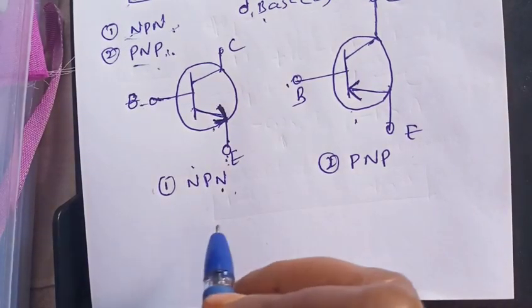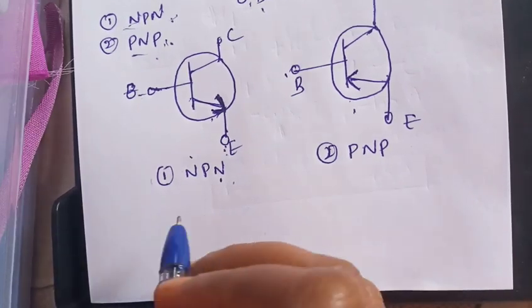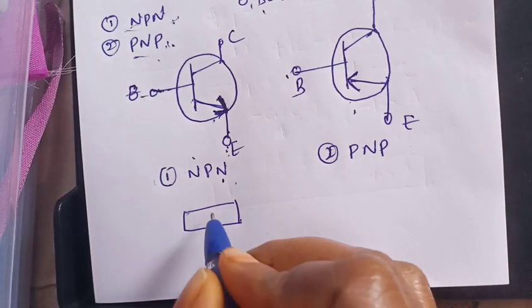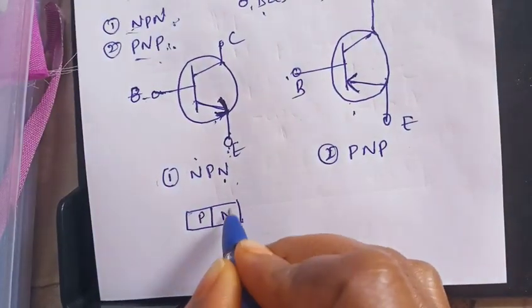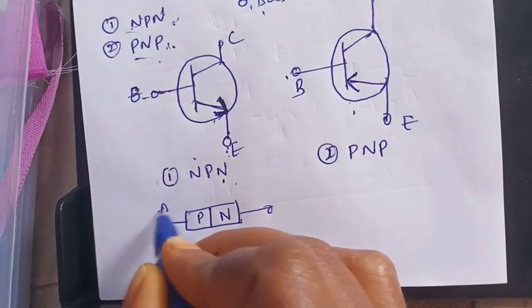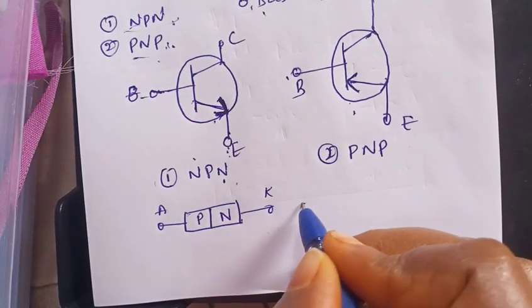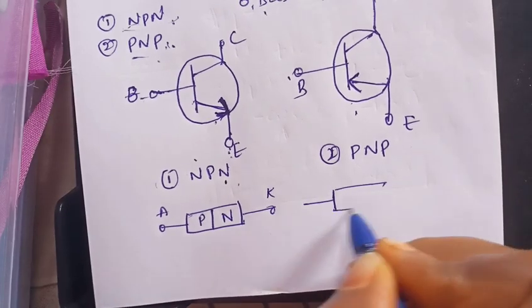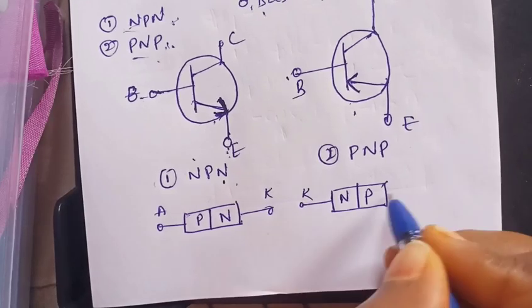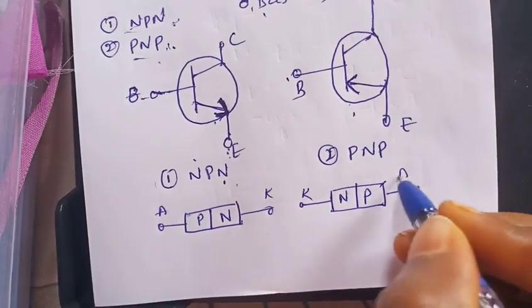Equivalent diagrams of a transistor, like PN diodes. Here the equivalent diagram is PN, anode and cathode, and for PNP, cathode and anode.